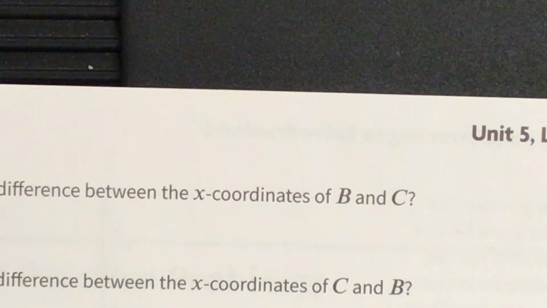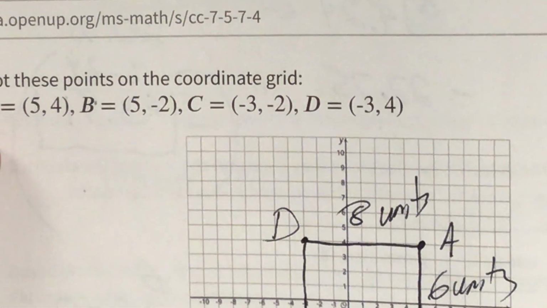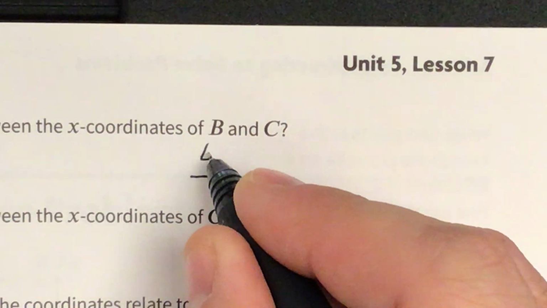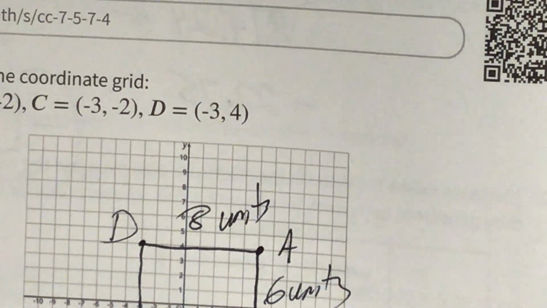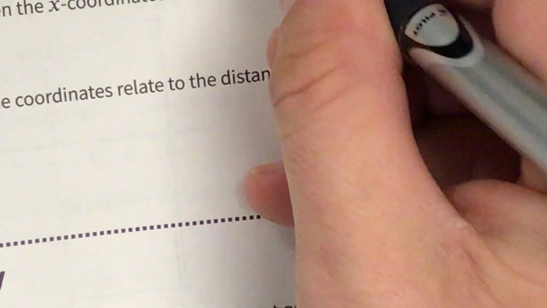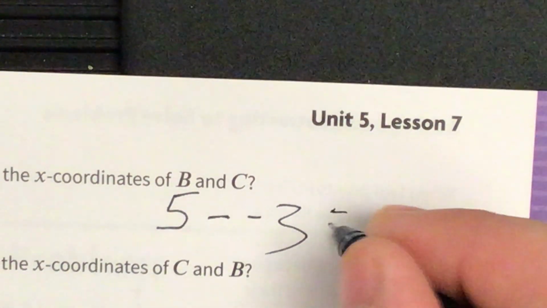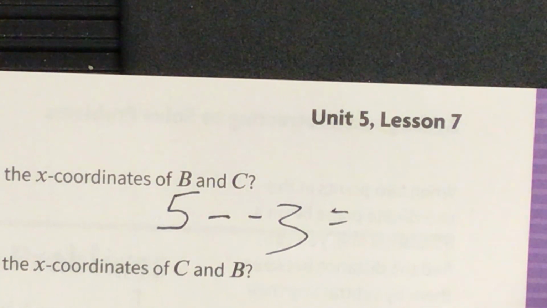Question number 3, what is the difference between the x-coordinate of B and C? Okay, so what was the x-coordinate of B, the first coordinate of B? 5. Minus C, first coordinate of C. What do you think?